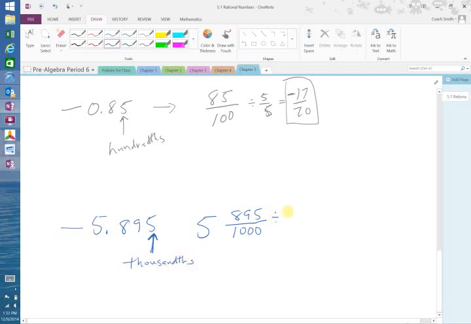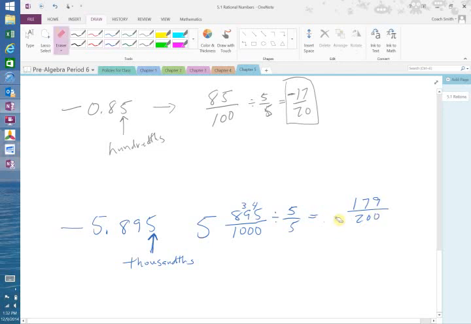So if I divide this by 5, 5 goes into 8 one time, remainder 3. 5 into 39 goes 7 times, remainder 4. 5 into 45 goes 9 times. 5 goes into 1,000 200 times.